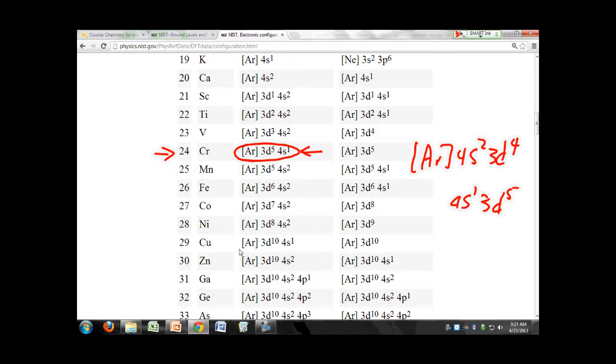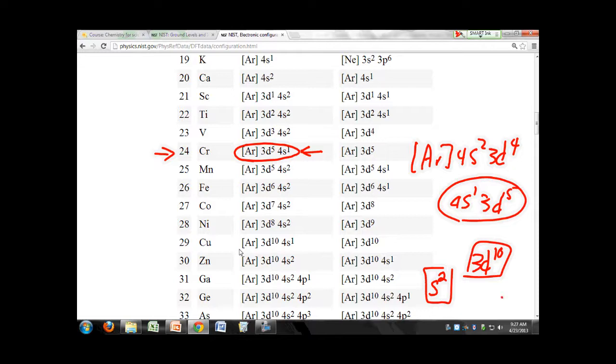This is the typical exception you'll find. A common exception is there's a shifting of electrons from one sublevel to another. And the typical explanation given for this is that there is some kind of stability associated with half-filled subshells. So remember, a D subshell is completely filled if it has 10 electrons, and an S subshell is completely filled if it has 2 electrons.